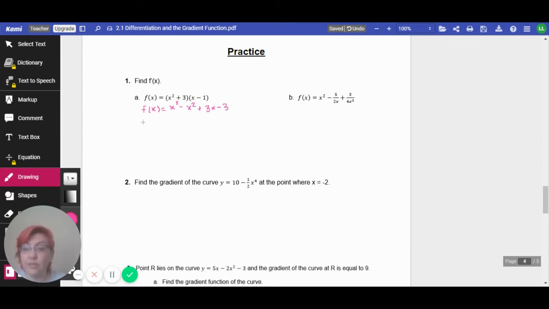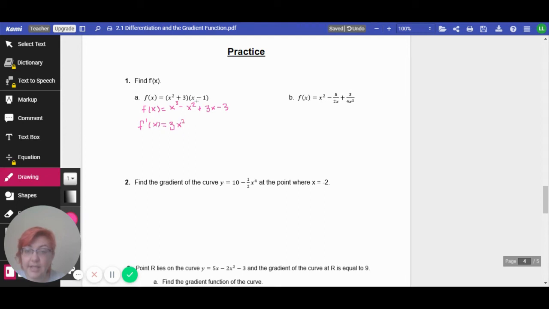So we're just going to run through and find our gradient function from this. So f prime of x is equal to, n is 3, a is 1, 3 times 1 is 3, x to the n minus 1, 3 minus 1 is 2.